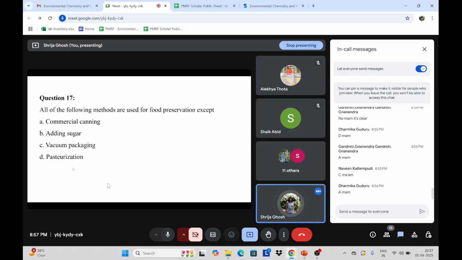Then vacuum packaging, that is also a very effective method of food preservation, because if you remove all the air, if you pack something under vacuum, it will not have any amount of oxygen or any amount of air for the microbes to grow. Okay, so vacuum packaging, it's a very good method of food preservation.